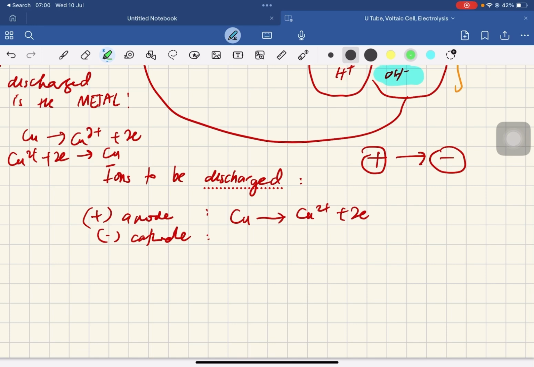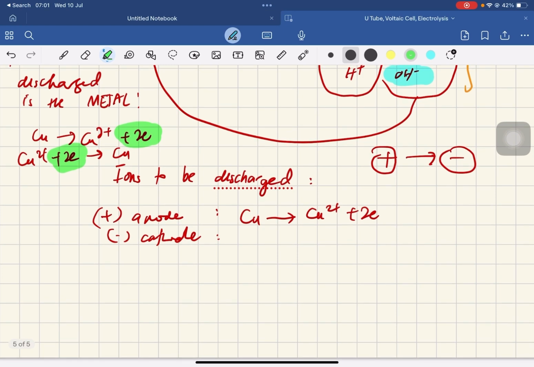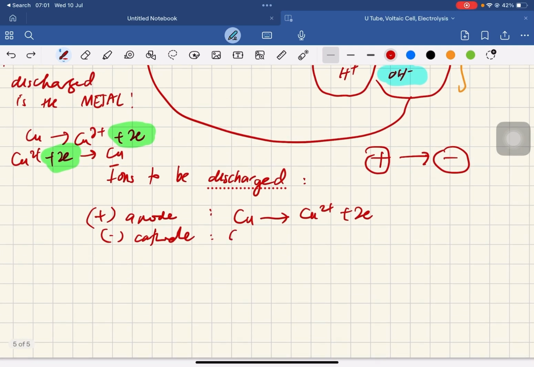Positive terminal dia akan donate, while negative terminal dia akan receive. So logically yang atas lah would be the half equation for anode. Now bawah you just salin balik that one, 2e and Cu. Okay, settle.